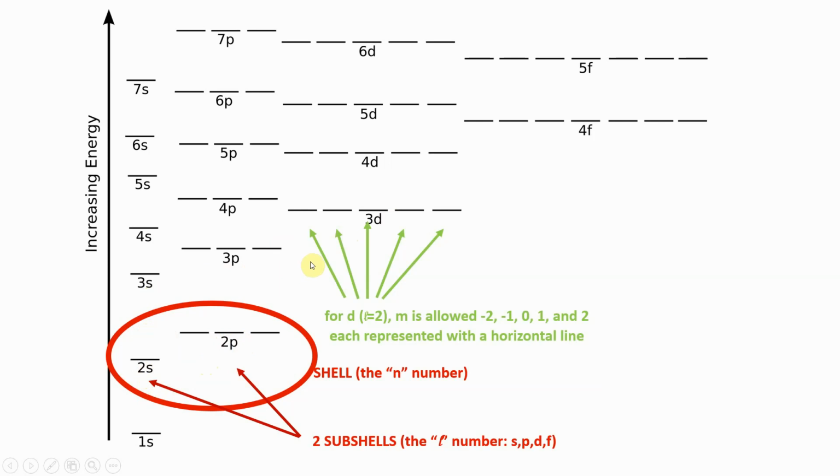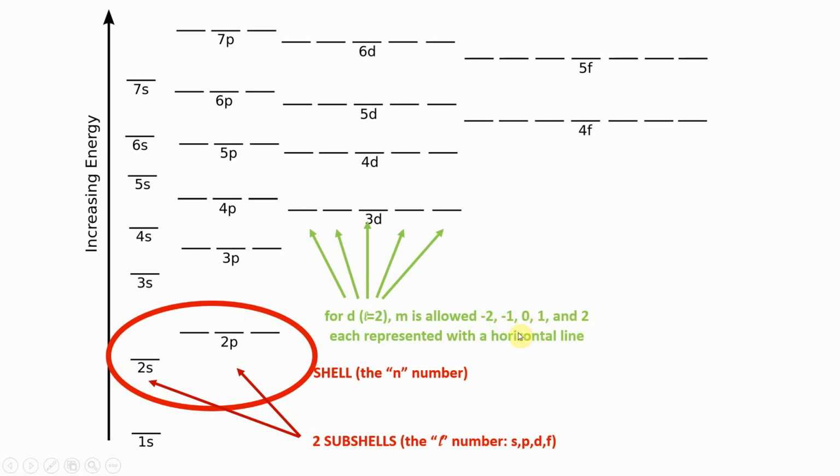All right, every one of these subshells can have horizontal lines there. Okay, these horizontal lines, which we call orbitals. Right. How many horizontal lines? That's dictated by m. So don't worry so much about the fact that the m is -2, -1, 0, 1, and 2.